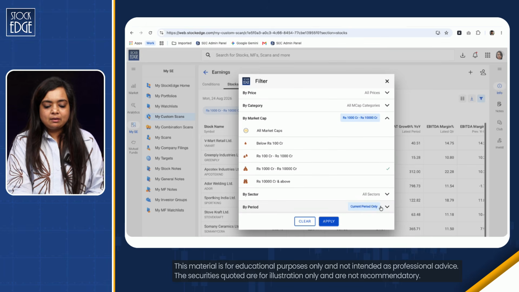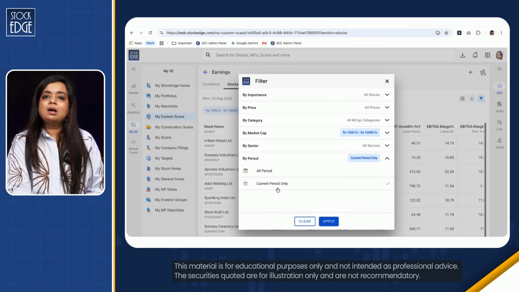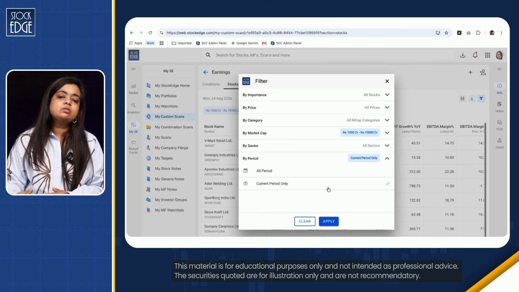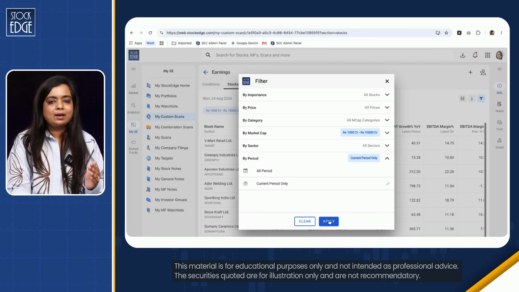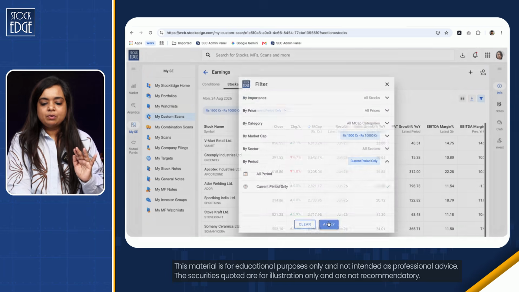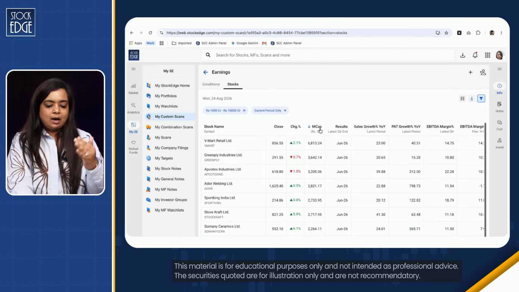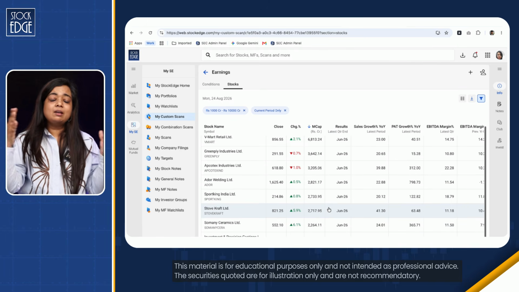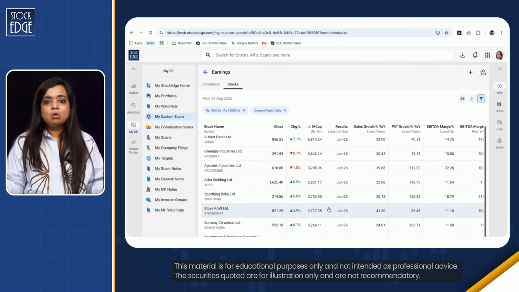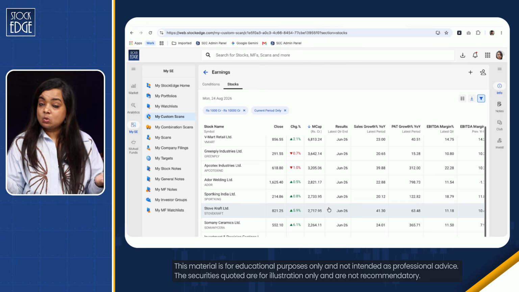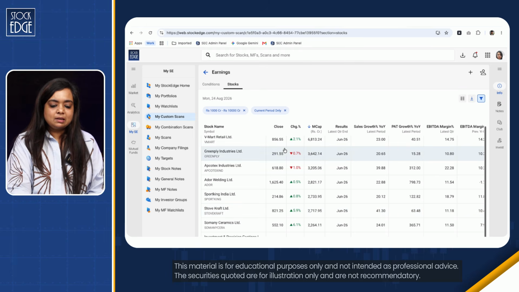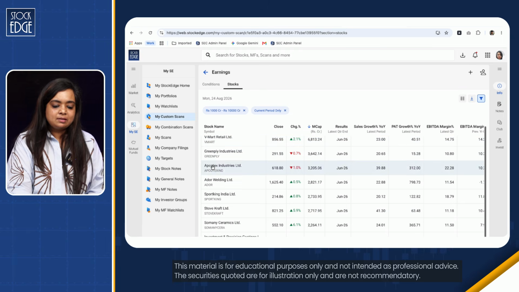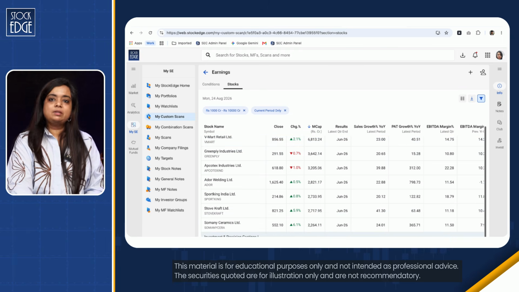And by period, I have chosen the current period only so that the latest results are incorporated, and what I am getting is the latest data. So when I click on apply, I am getting a list of stocks. Imagine from the entire universe of more than 2000 companies in only NSE, I am getting a list of barely some 6 to 8 companies, right?